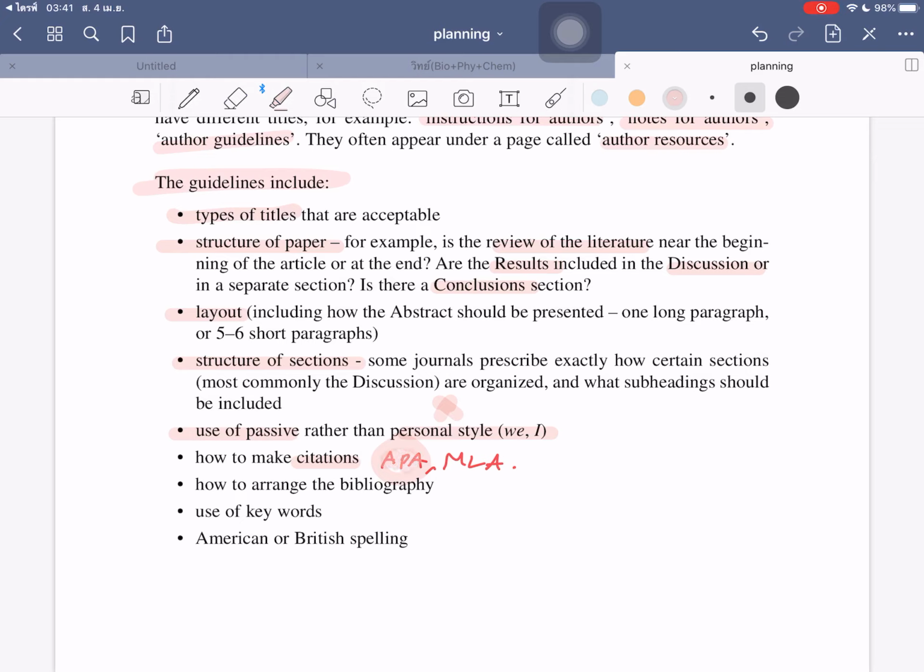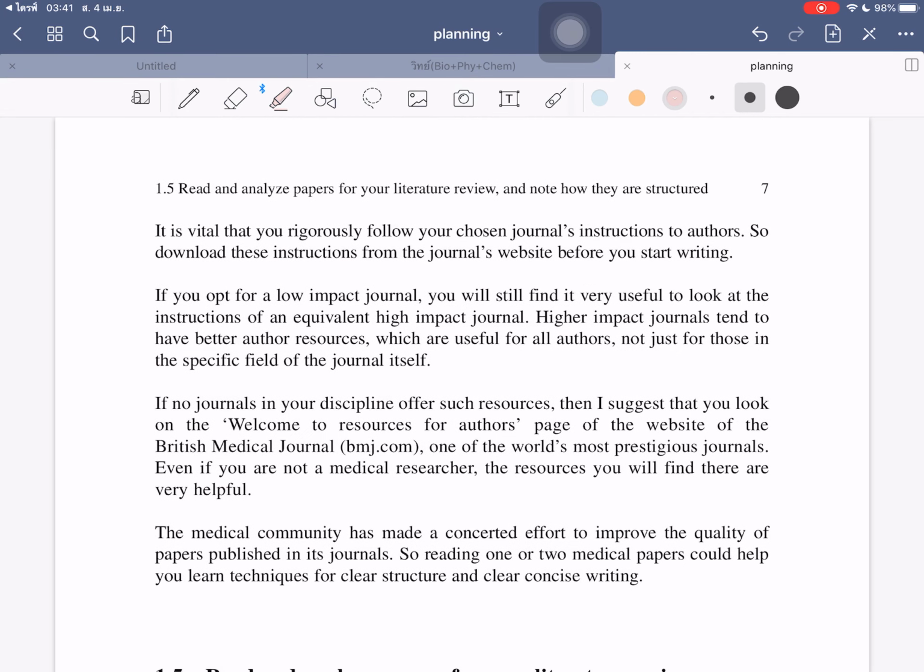The next part is about the bibliography or the references, the use of keywords, and spelling. American English spelling is the way they use English. All right, let's move on.